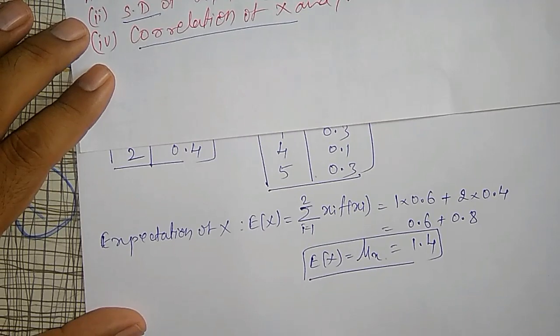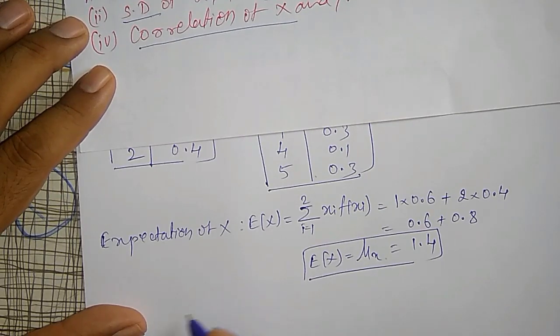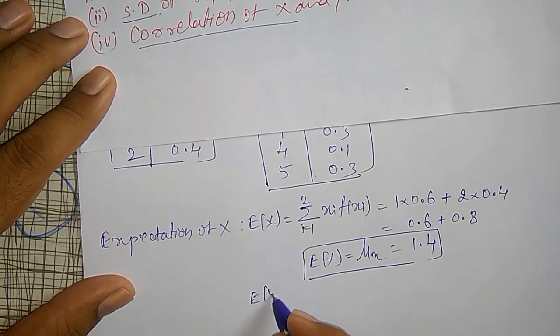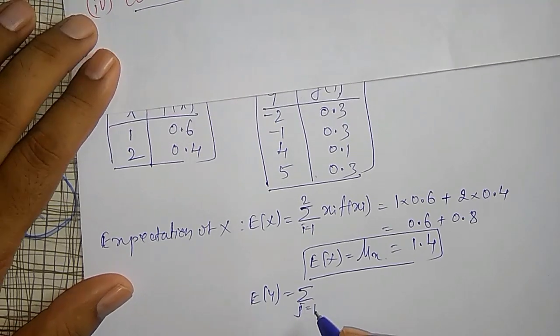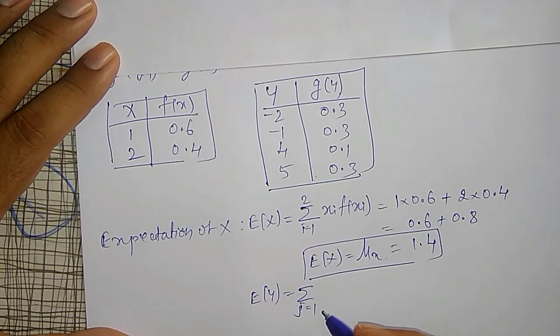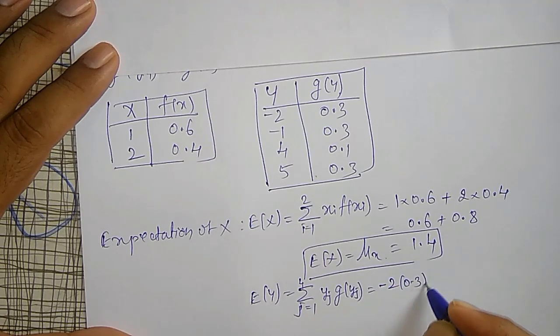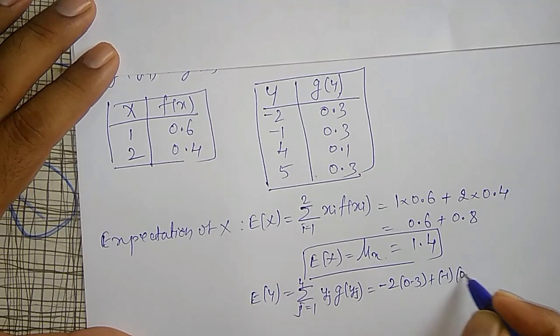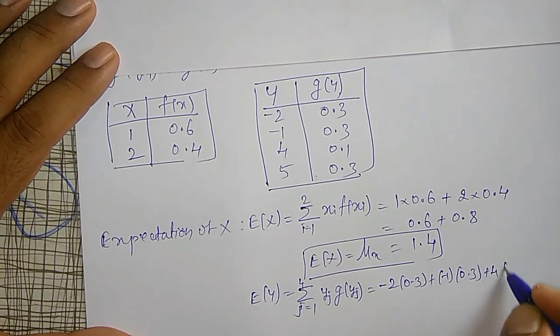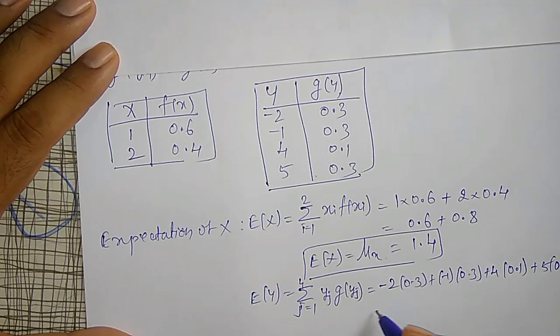Like that, expectation of y now. E of y is equal to summation j equal to 1 to 4, yj into g of yj, which is equal to minus 2 into 0.3, minus 1 into 0.3, 4 into 0.1, 5 into 0.3.